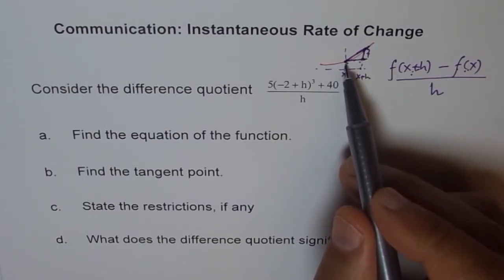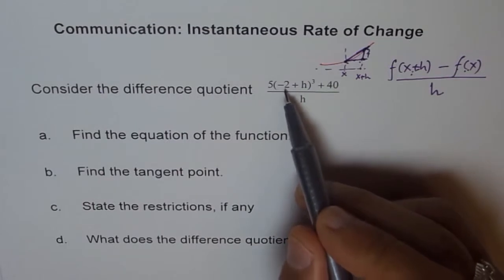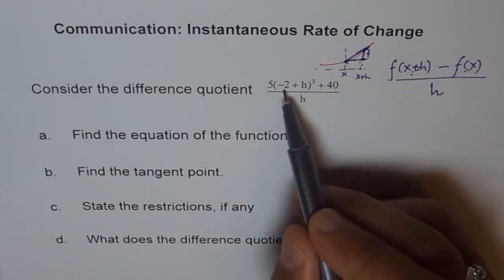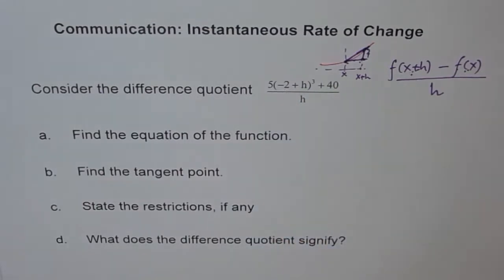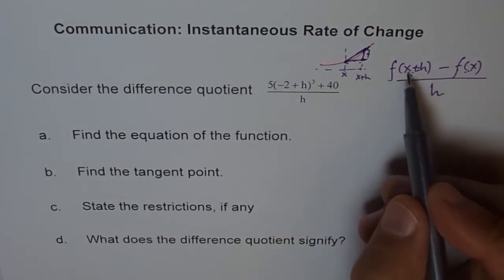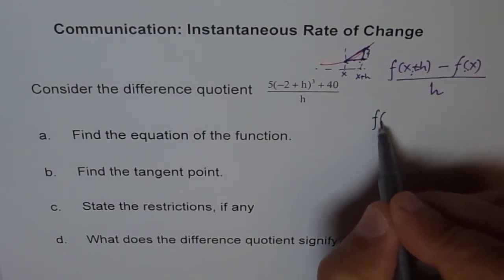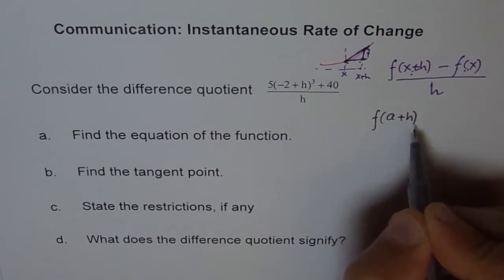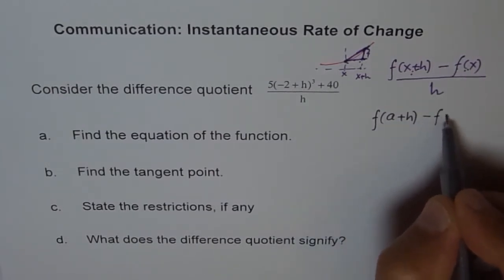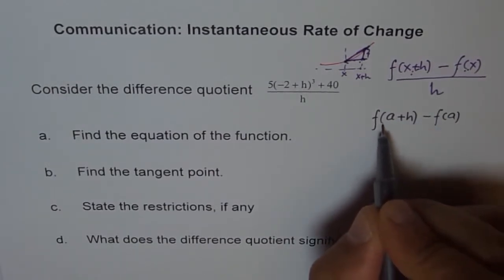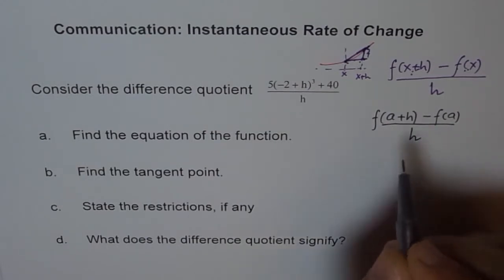Do you understand? In the formula, when we are trying to find the difference quotient at a point, x is replaced by that point, and we get f(a + h) minus the value of the function at a, divided by h.